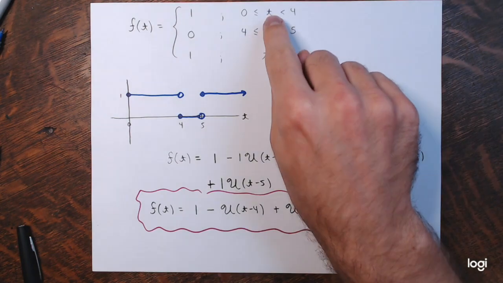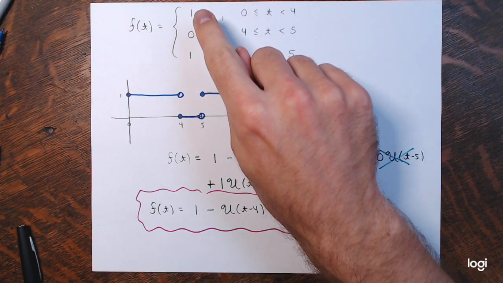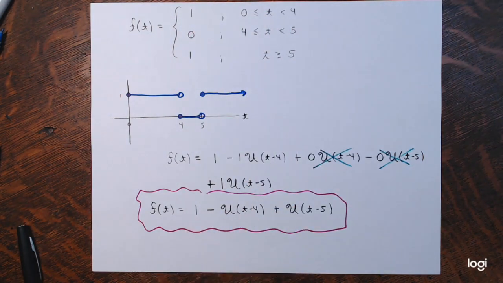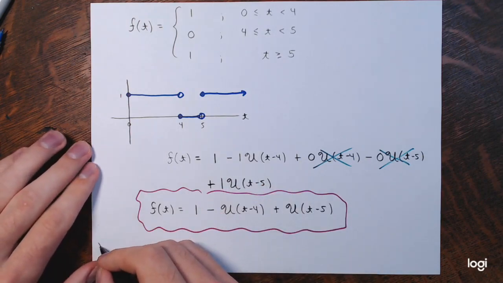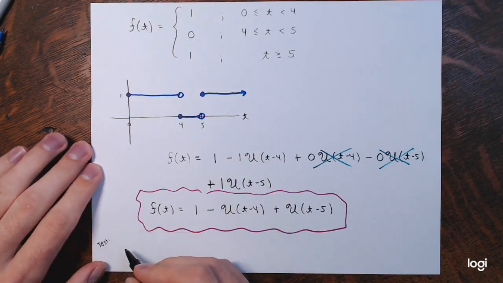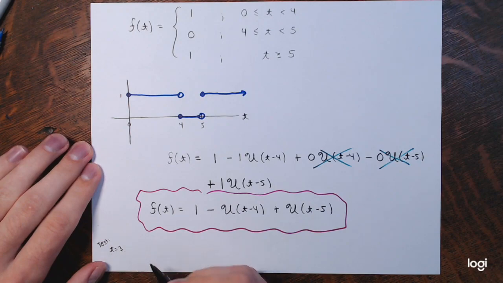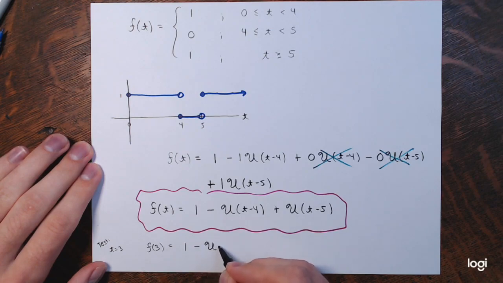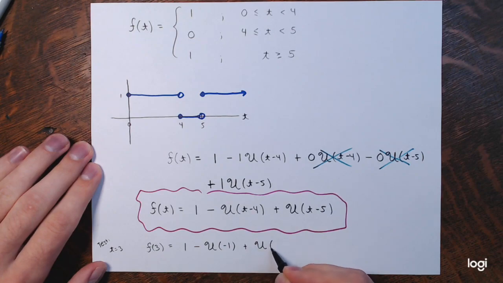Plug in 3 for t, the output should be 1. Well, I'll just do one test value here just to show you. So when t equals 3, f of 3 would be 1 minus this unit step function at -1 plus this unit step function, again when t is 3, that's -2 in there.